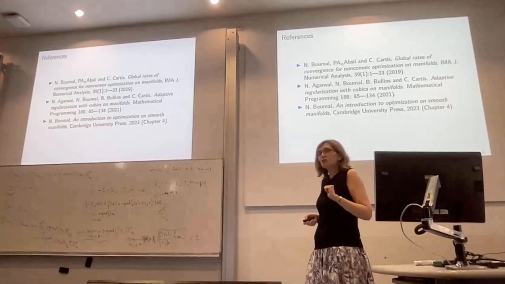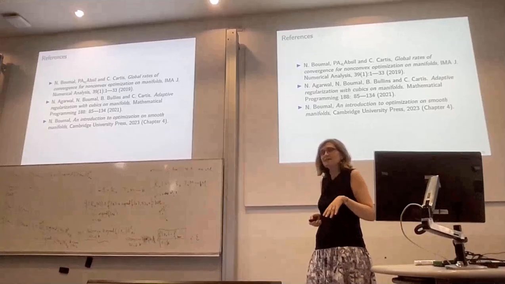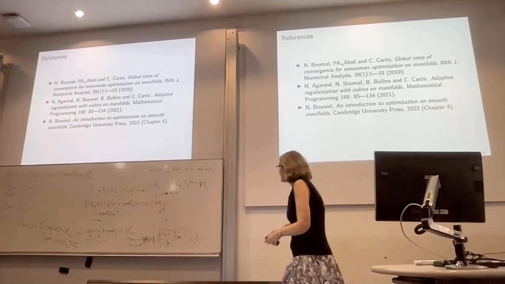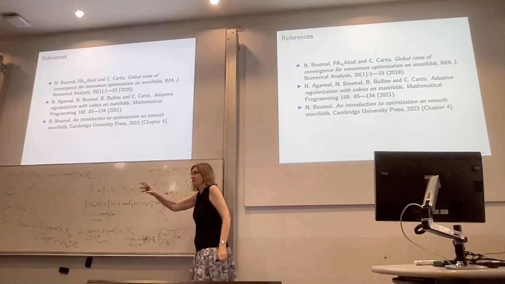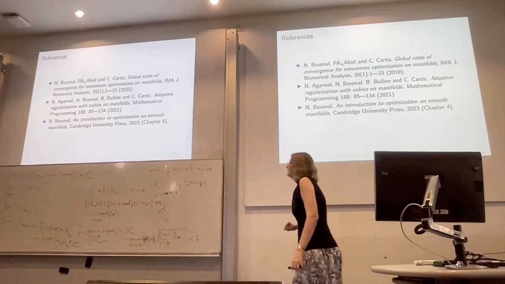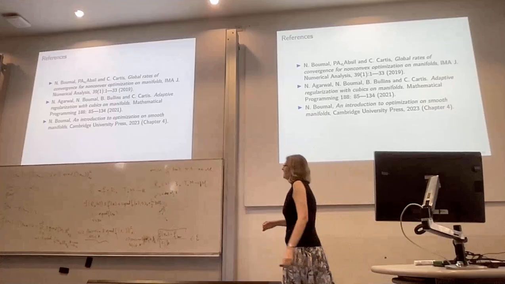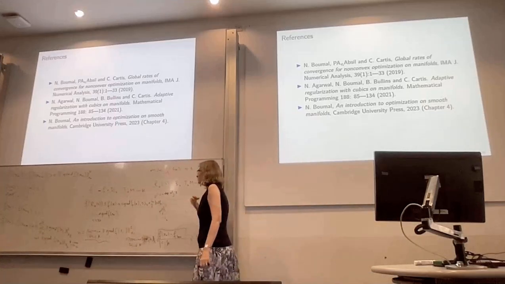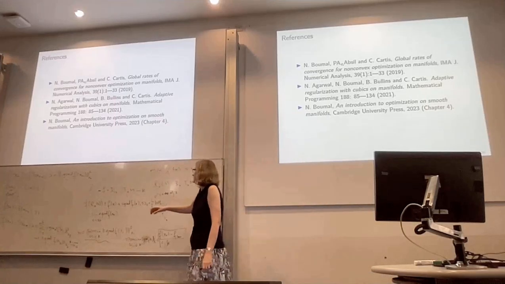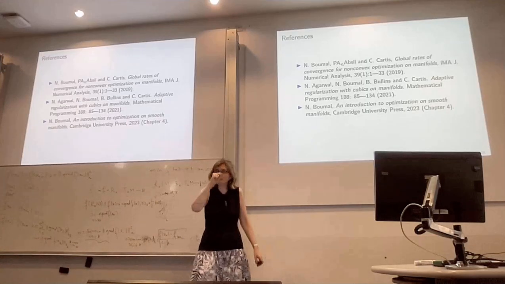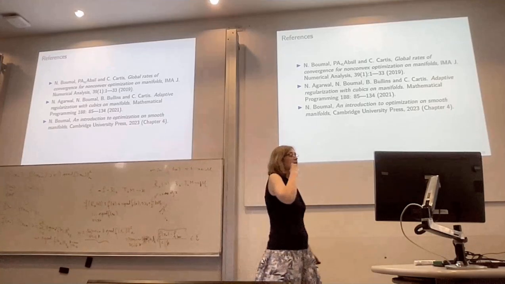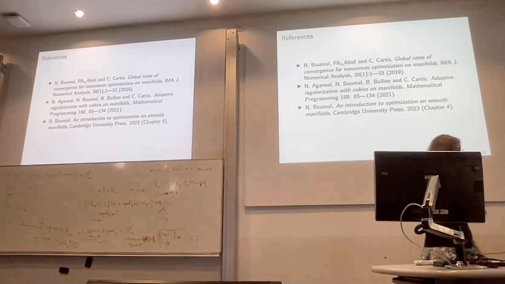In that paper, we also do second-order trust region methods, where you look at what this property becomes when you add not just the Riemannian gradient, but the Riemannian Hessian. The complexity in that case, when you do global rates of convergence, allows you to quantify not just getting close to a first order critical point on the manifold, but to a second order critical point on the manifold as well.